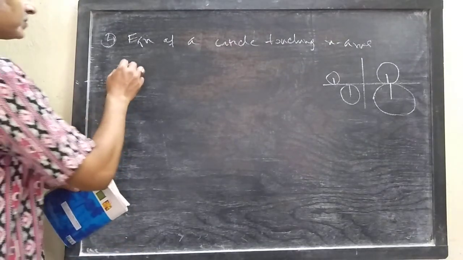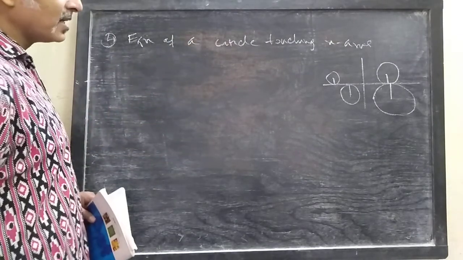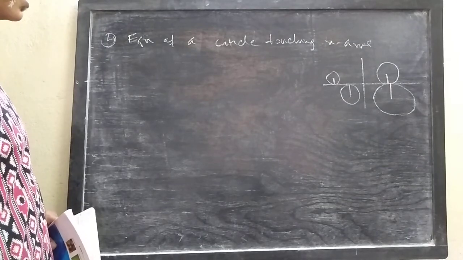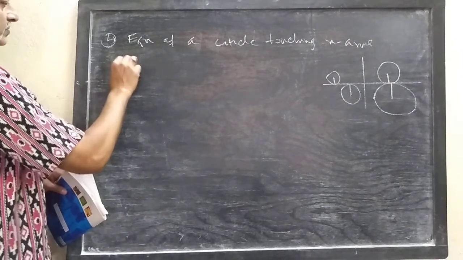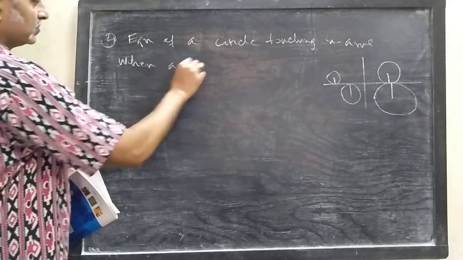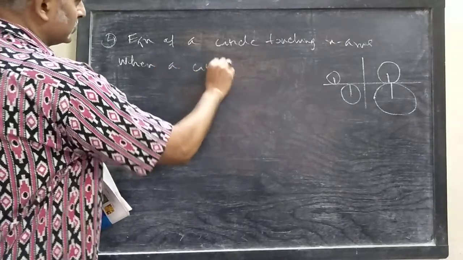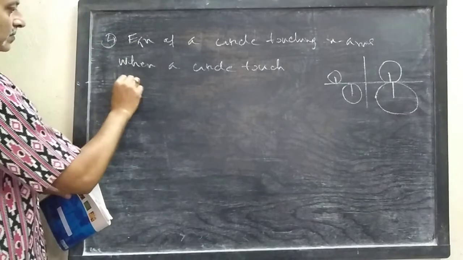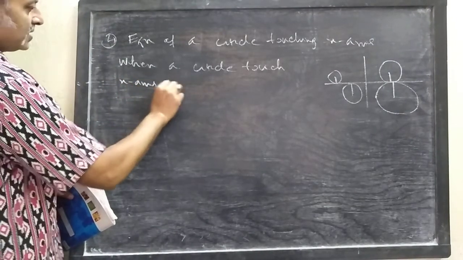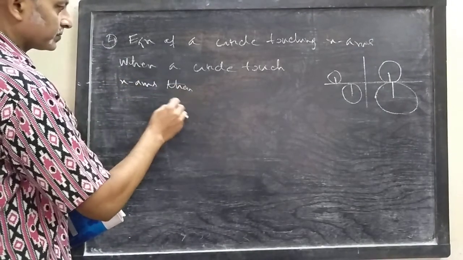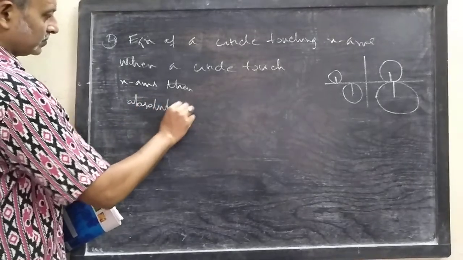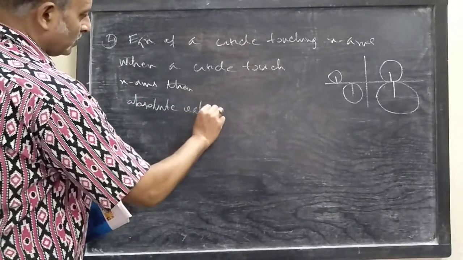Write it in this way: when a circle touches x-axis, then absolute value of the ordinate of the center is equal to length of radius of the circle. Why absolute value?